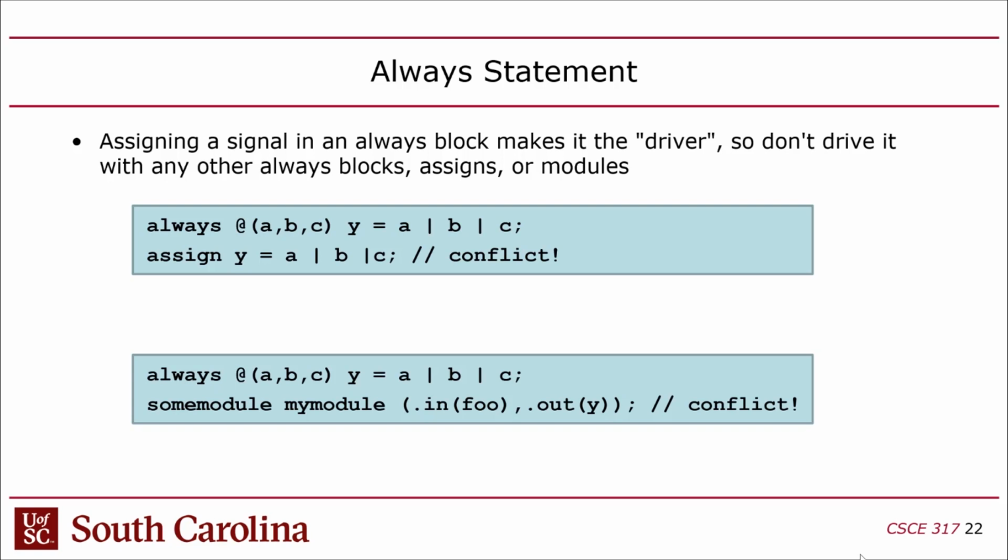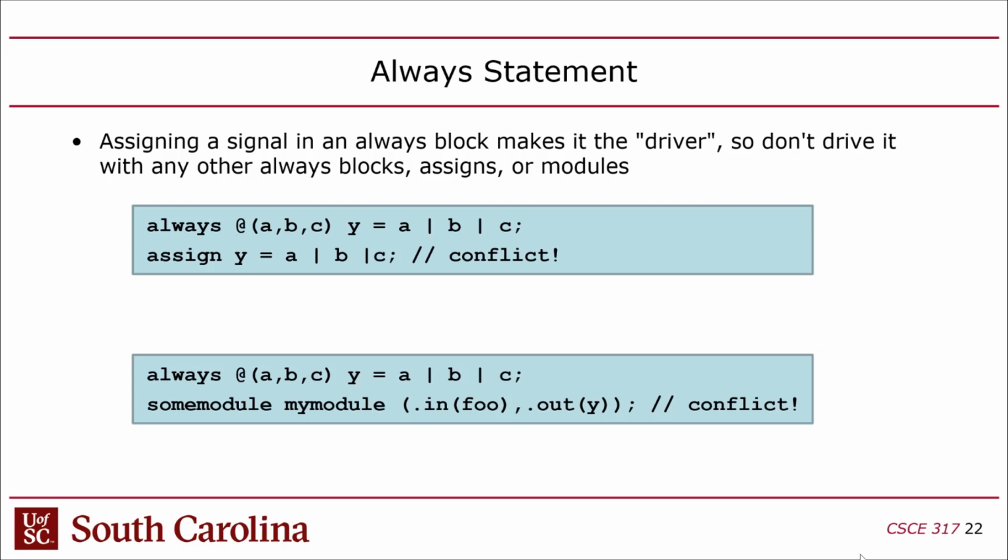So here's an example of two conflicts. In the first case, I assign y inside of an always, and then I assign y in an assign. Assuming these are both in the same module, y would potentially be in conflict. In the second example, I assign y in an always, and then I assign y indirectly through this instance.